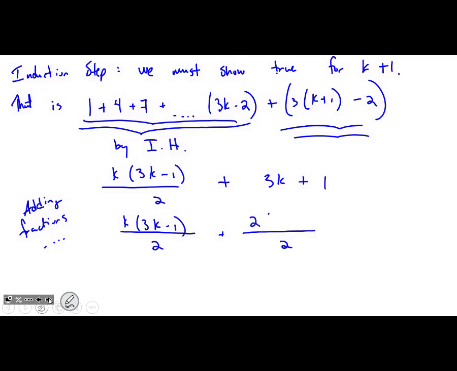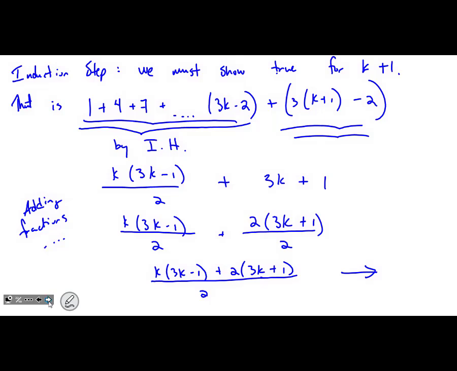I multiplied into 2, so this has to multiply by 2 in the numerator. I can copy down that common denominator and now simply have k times 3k minus 1 plus 2 times 3k plus 1. Let's see what this gives us.